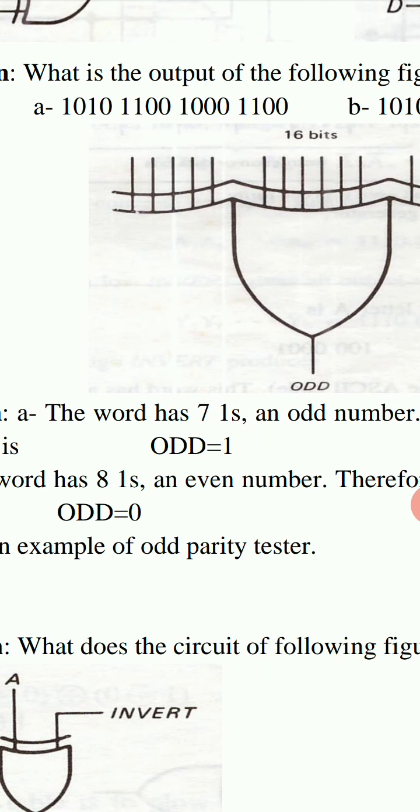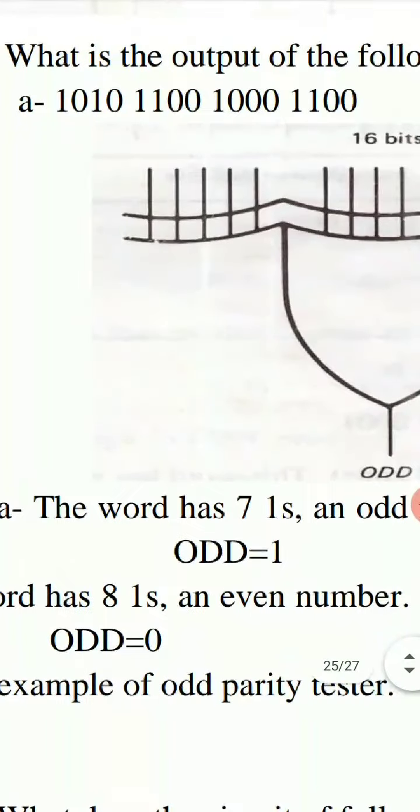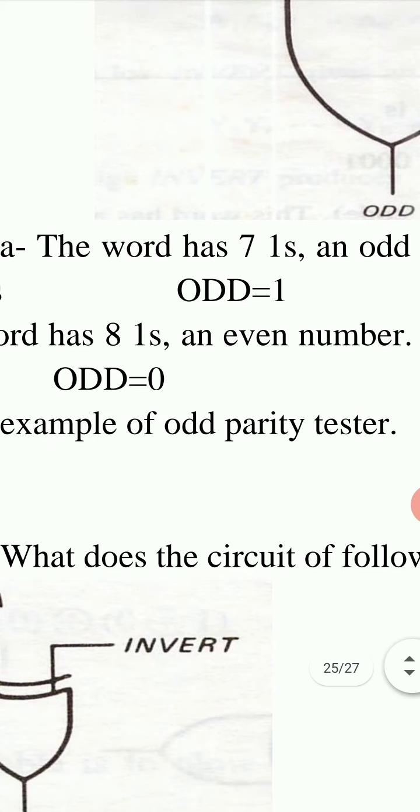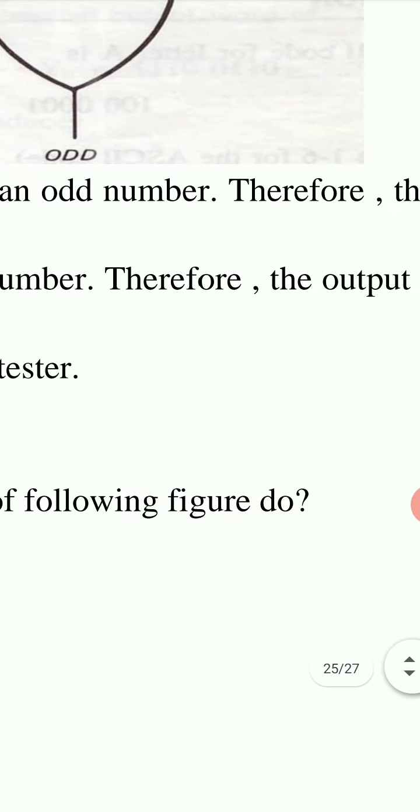If input bits are these, question number A, what will be the output of this XOR gate? For XOR gate, we want its output. What is its output? We see how many times 1 appears in its input. This word has 7 ones, which is an odd number.